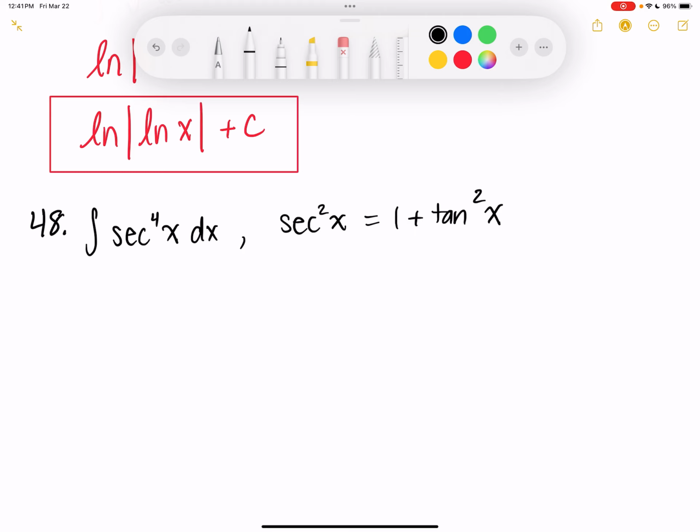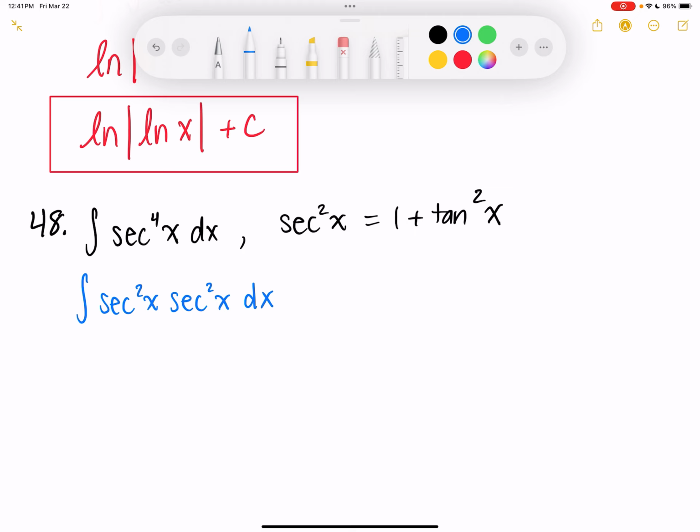No, we don't. So what I can do is split up secant to the fourth of x as secant squared of x times secant squared of x, so that I have the integral of secant squared of x times secant squared of x dx.